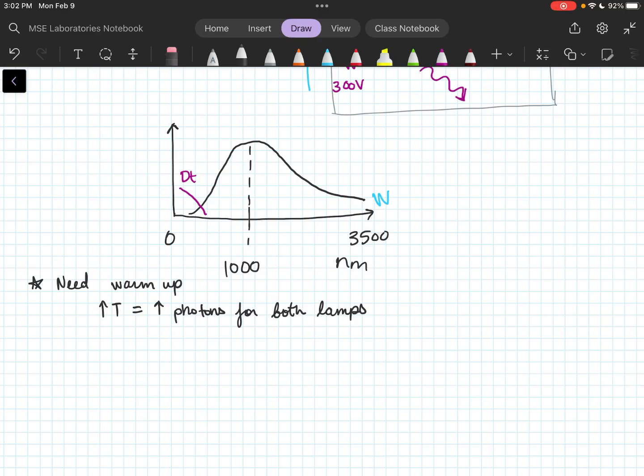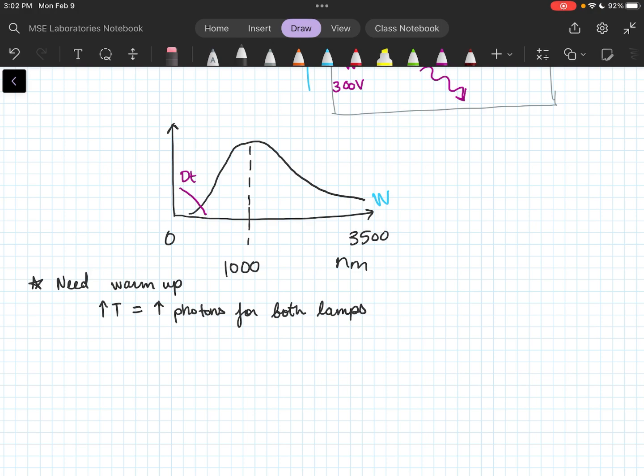And this is a physical warm-up. A lot of times in instruments or computers or whatever, when we say warm-up, we don't mean getting hotter. We mean it needs time to stabilize. In this case, I physically mean a warm-up. It is getting warmer. And while a UV or a tungsten halogen lamp is running, you can feel heat coming off of it. So that needs some time for it to stabilize.